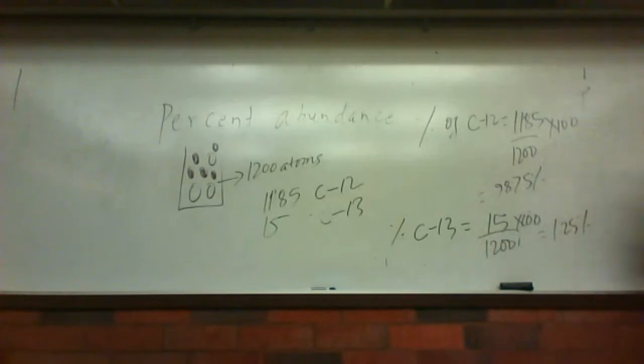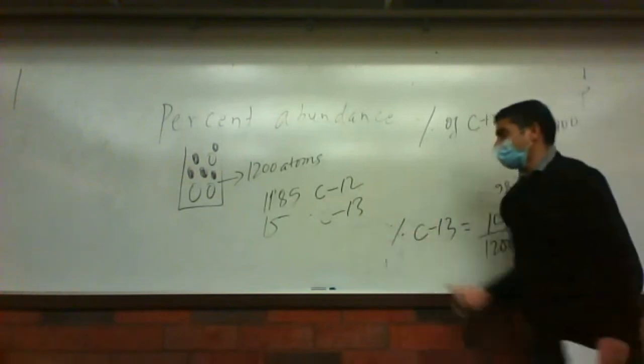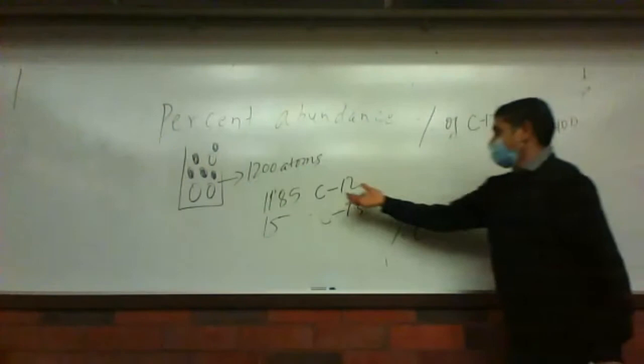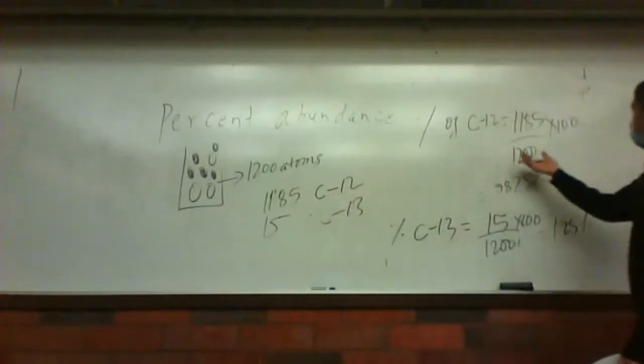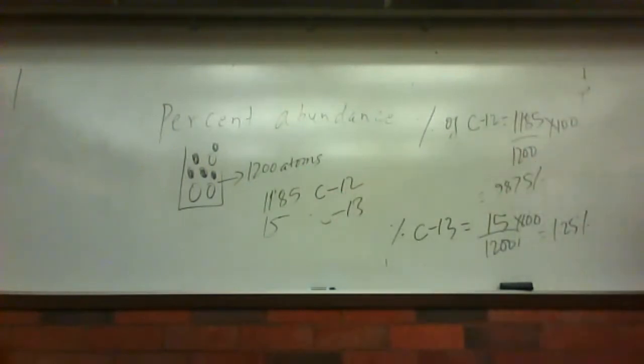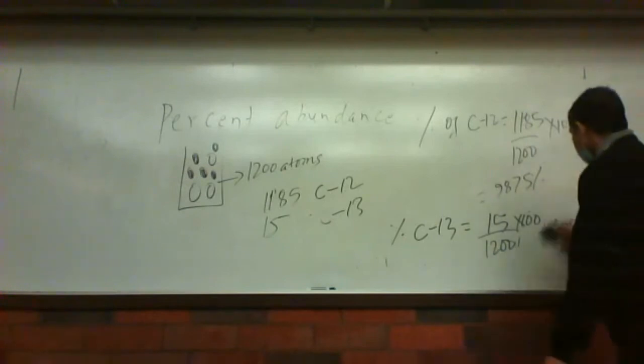So 1.25% is C13 type atoms in nature, and 98.75% is C12 type atoms in nature. Yeah? Easy? So whatever number, divided by the total number, multiply by 100. Yeah? That gives you the percentage. Looks simple, but this concept is really important in the future in doing mass spectrometry. Yeah. Good.